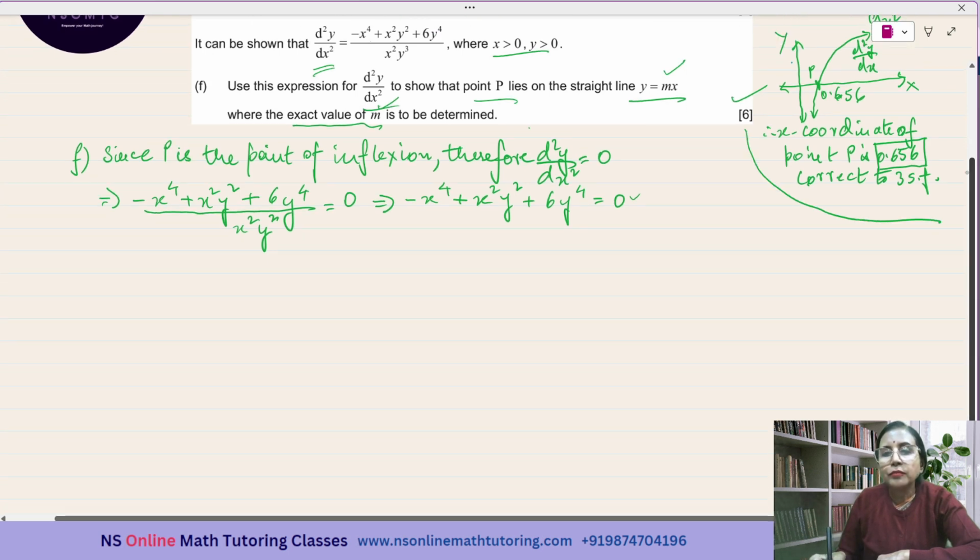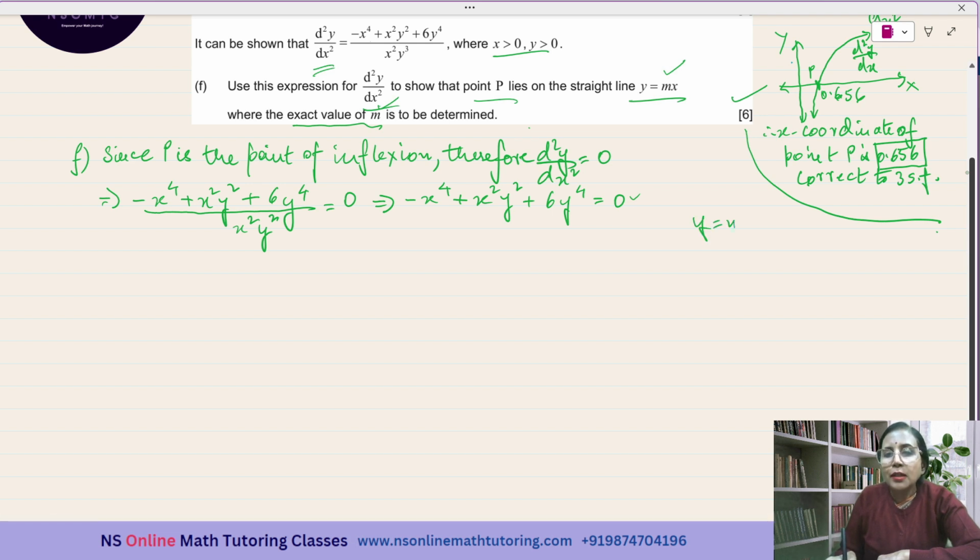Therefore, y is equal to mx implies m is equal to y over x. Okay, because I have to introduce m in this equation. Otherwise, I'll not be getting the value. I don't have any other equation which I can use. So I have to use this equation, and m is equal to y over x. So I want to express this equation in form of either x over y or y over x.